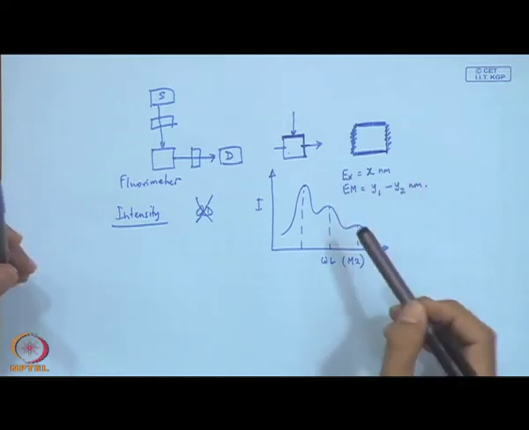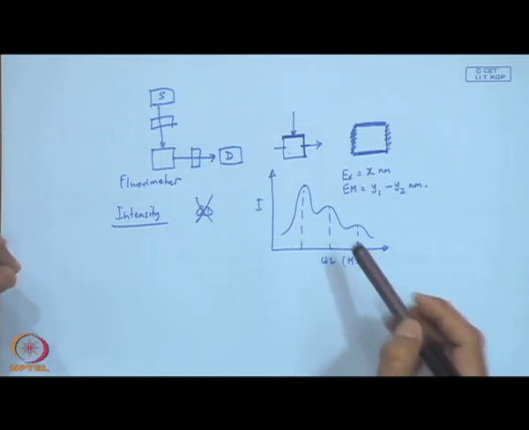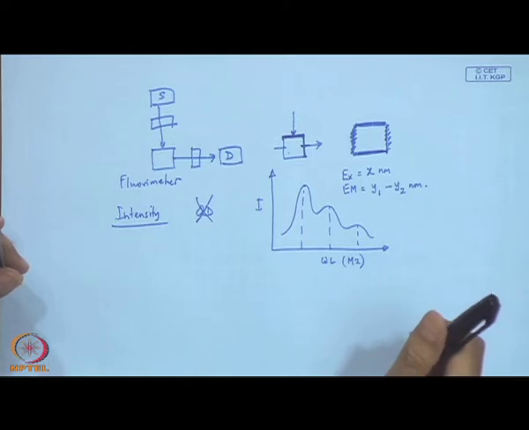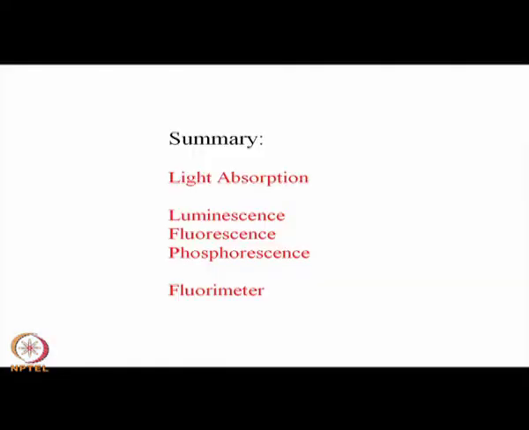These fluorescence spectra, or maybe better to say luminescence spectra, are very characteristic of the system of interest. That means if there is a change in the system of interest, and also in the environment of the system.